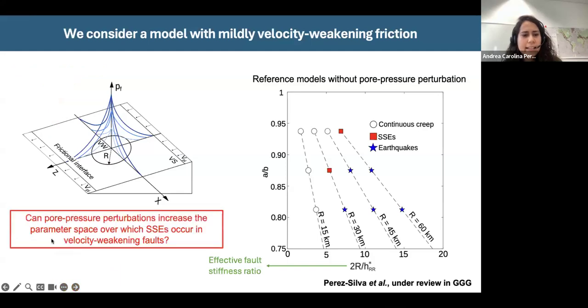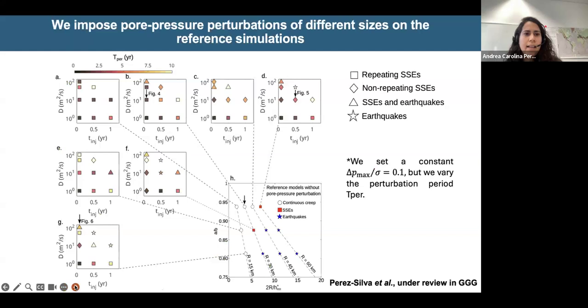As I said, the idea is to test whether we can increase the parameter range over which SSEs occur in velocity weakening faults when we account for these pore pressure perturbations. To do that, we imposed perturbations of different sizes on the reference simulation. These are the reference cases that I just showed.